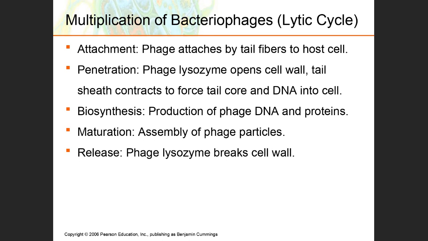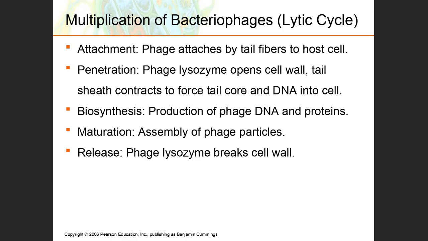Once inside, the viral DNA takes over. Usually the bacterial chromosome gets degraded, so the only DNA the bacterial cell has to work with is viral DNA. And the bacterial cell replicates the viral DNA. It transcribes and translates viral proteins.